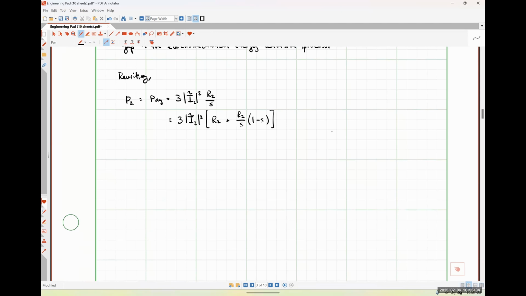So just as a quick aside, you don't have to write this down. I'm just going to prove to you that this big ugly thing right here is literally just R2 over S, right?